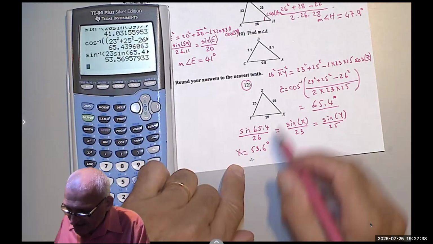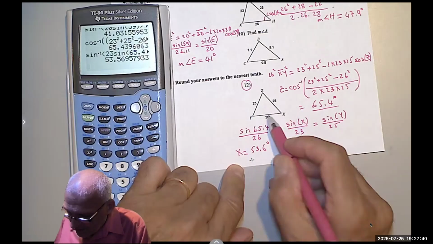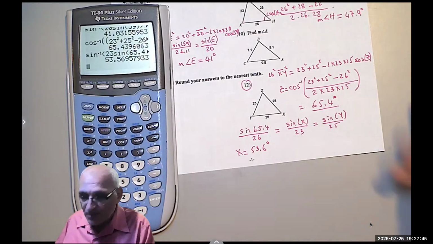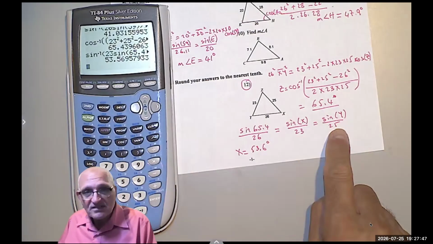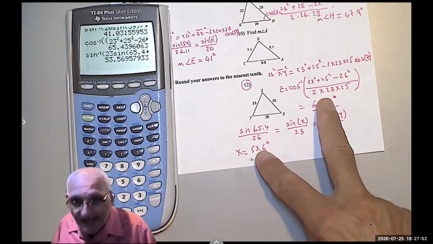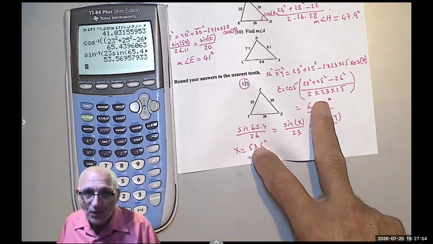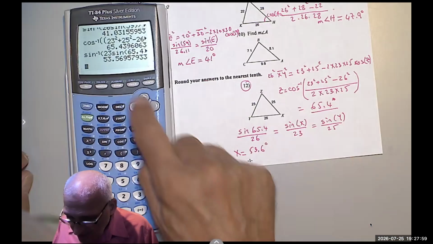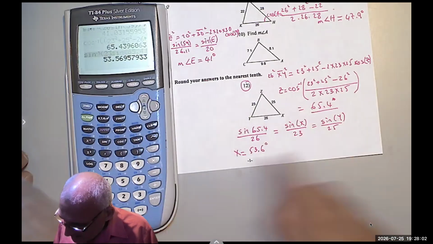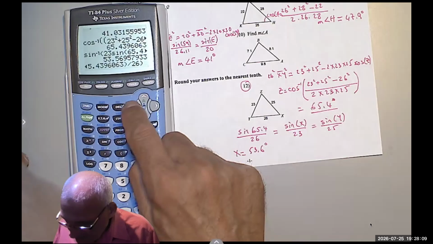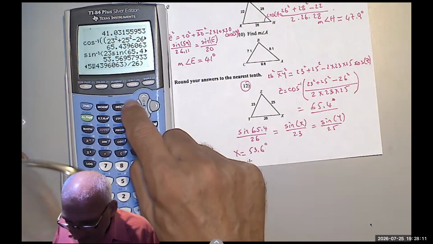Makes sense because the side opposite to x is smaller than that opposite to y. So the angle opposite to x must be smaller. I can do this, repeat it, or I can subtract these two angles from 180. I have both. Let's do both to check our answer. So I'm going to take this, and instead of multiplying 23 by that, I'm going to multiply 25 by that, right?